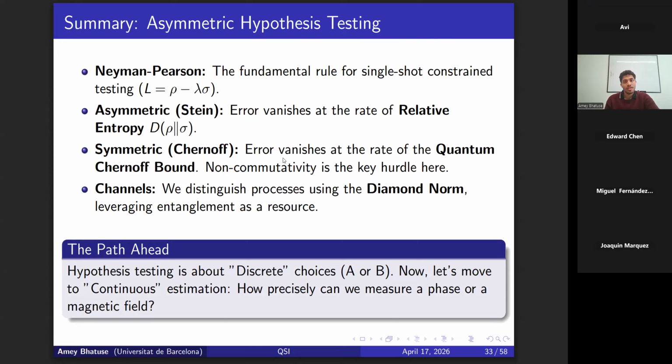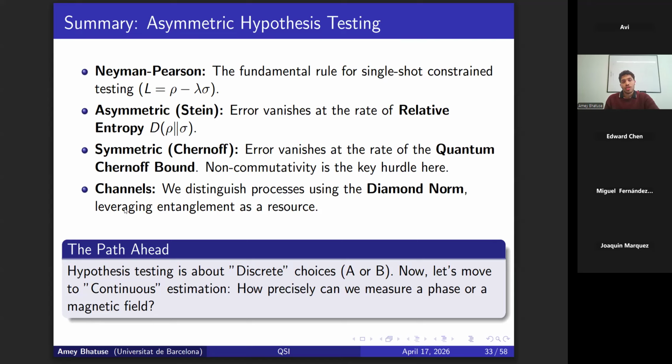One was asymmetric, based on Stein's lemma. The error exponent was relative entropy. For the symmetric case, we had the Chernoff bound, where we showed that non-commutativity is actually a very big hurdle in our state discrimination task if we have multiple copies.